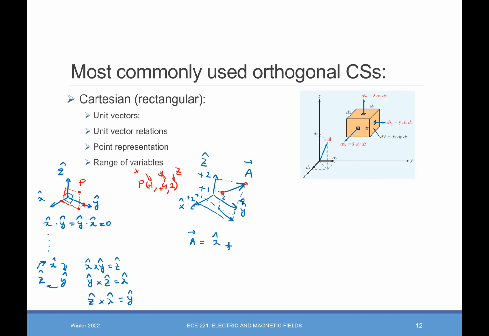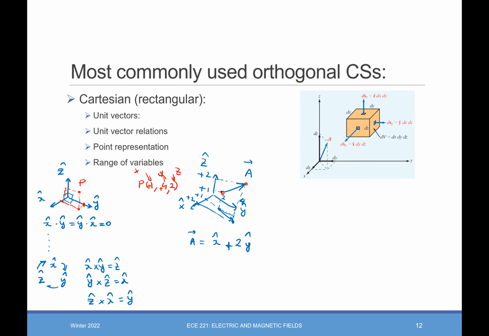Let's assume this is 4. Have I lost you guys? In a vector, we always consider the beginning and the end of it, right? So it started from 2, it ended up at point 4. That means it went 2 units in y hat direction.